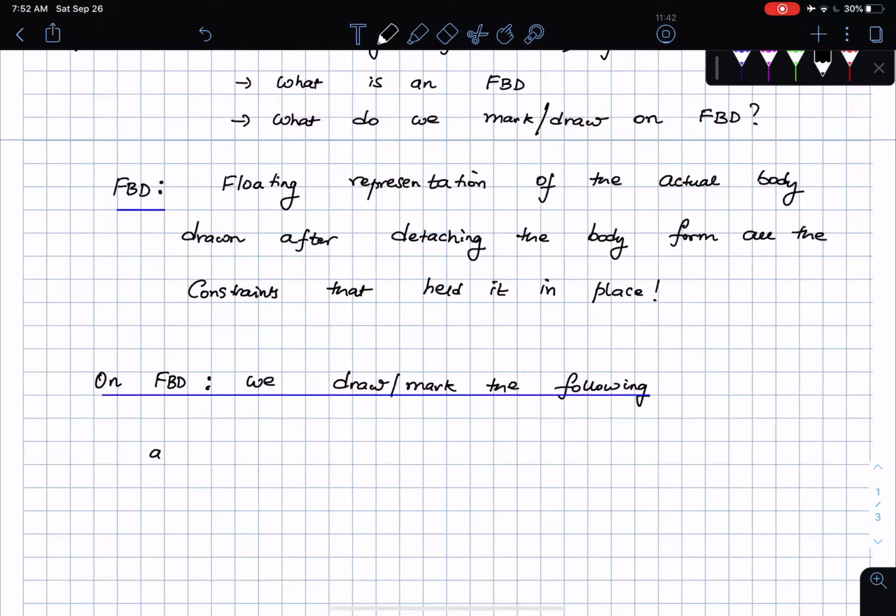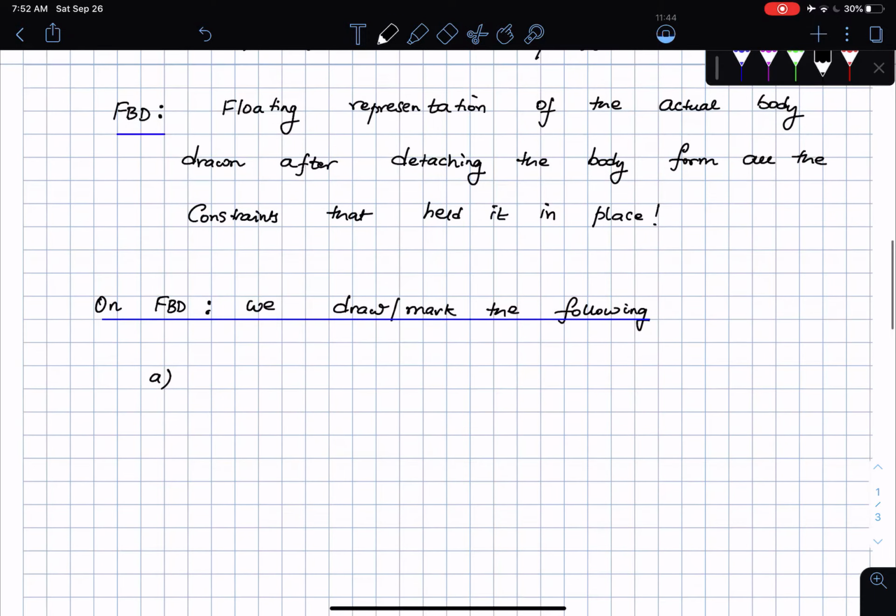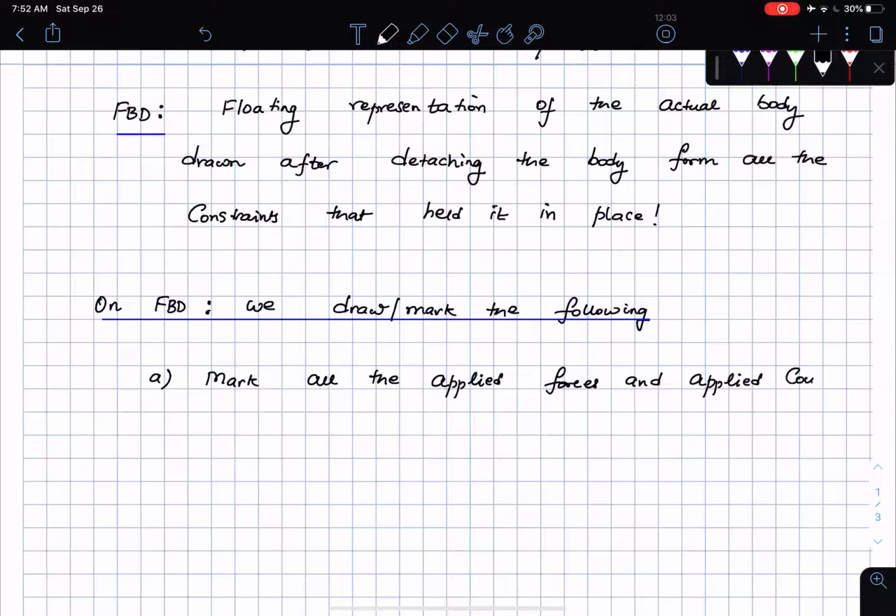First thing is you draw all the applied forces and applied couple moments acting on it. So mark all the applied forces and applied couple moments acting on the body.